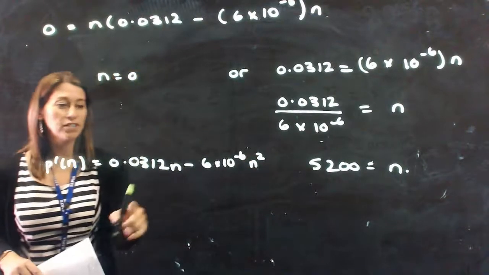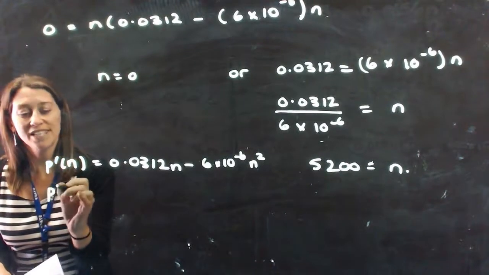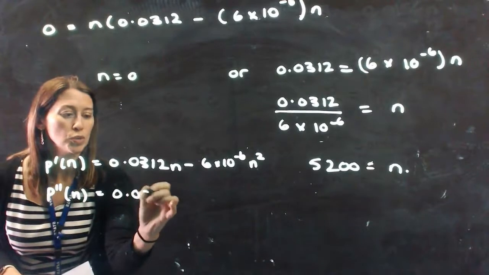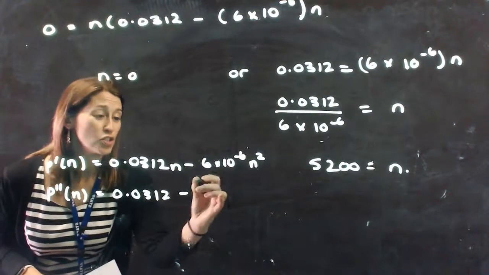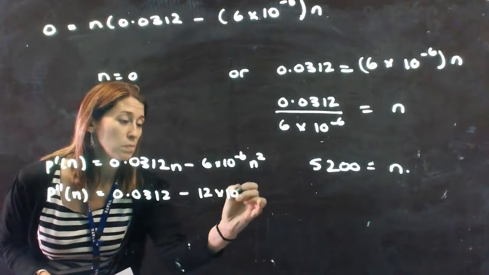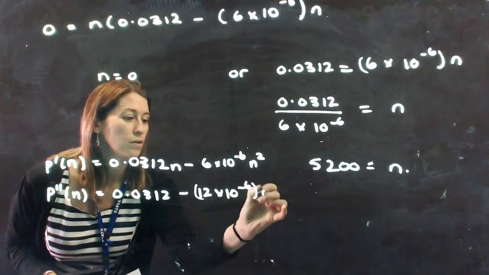Okay, so that's our derivative function. Now, let's do P double dash of N. So that just becomes 0.0312 minus 2 lots of, so that becomes 12 times 10 to the minus 6 of N.